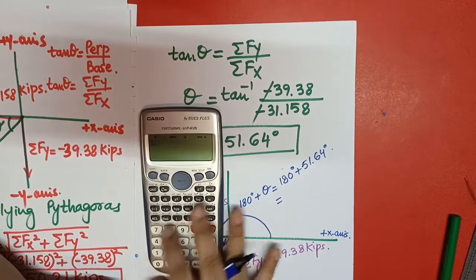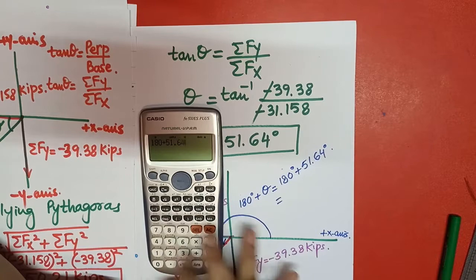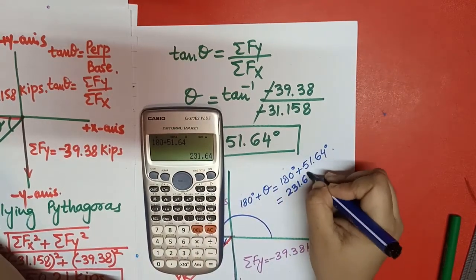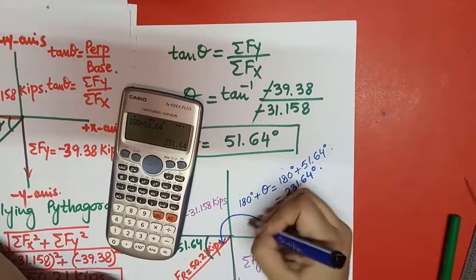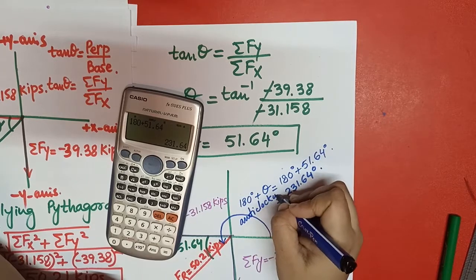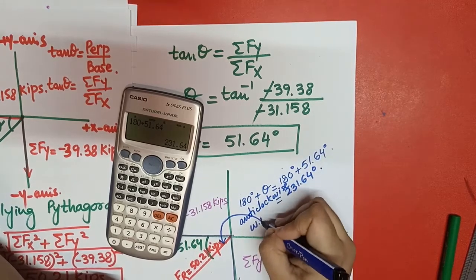So 180 degrees plus 51.64 is equal to 231.64 degrees, and this is the anti-clockwise angle with respect to the positive x-axis.